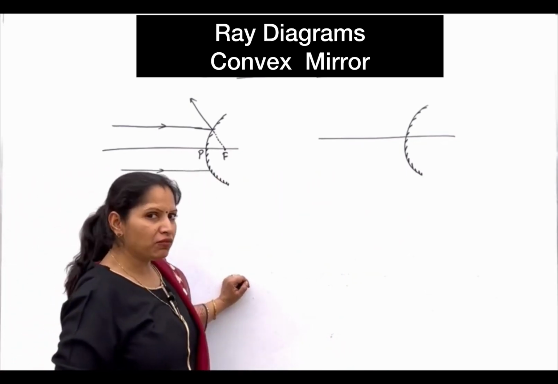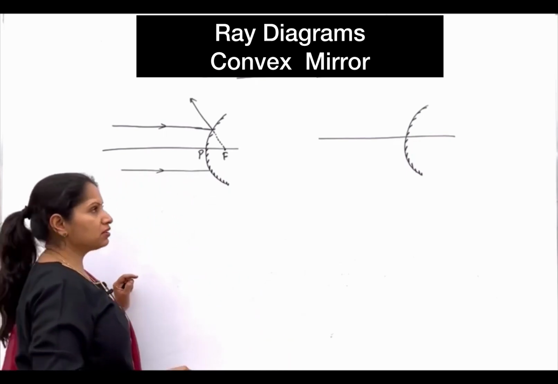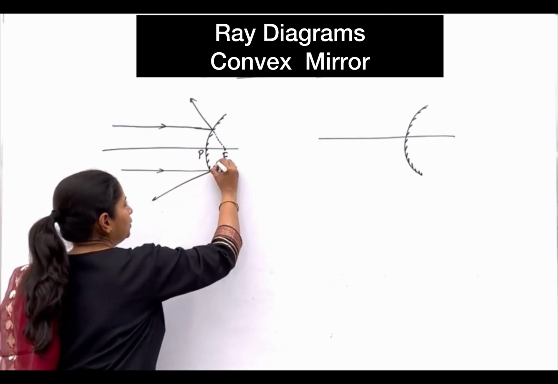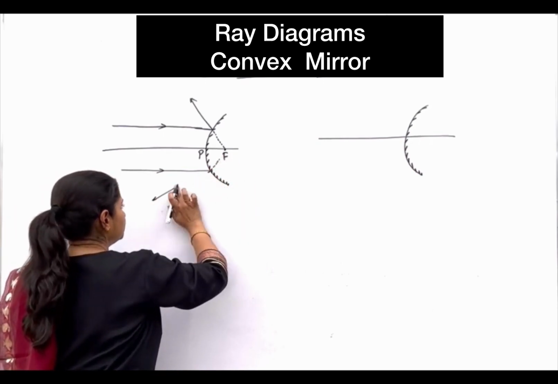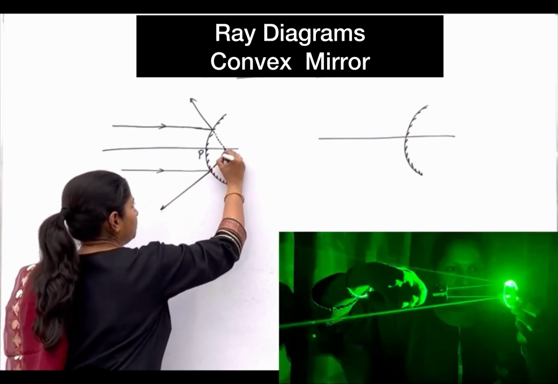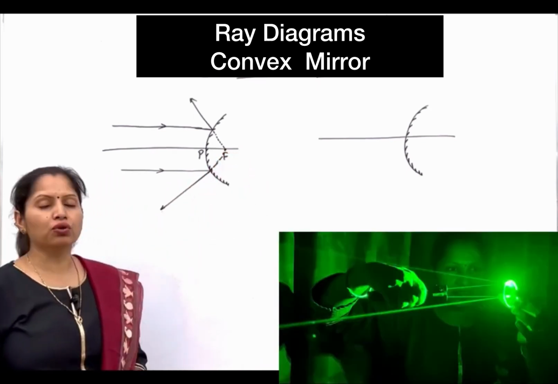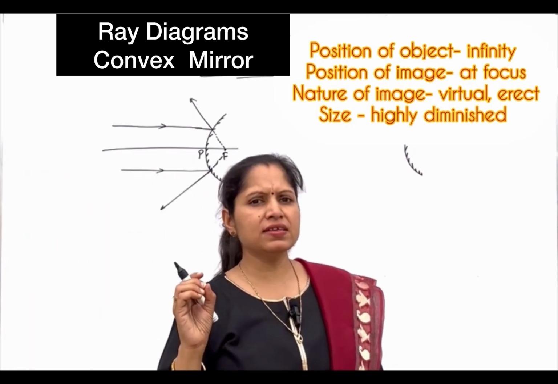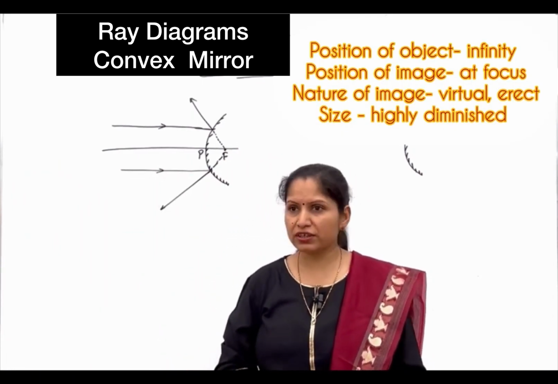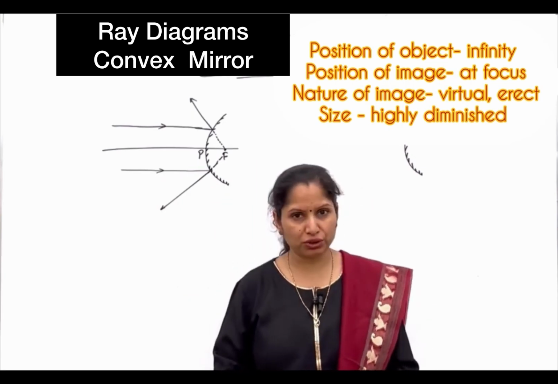Now when a parallel beam of light is coming on the convex mirror, it will diverge out and appear to be coming from the focus. So a very small, point-sized image of the object will be formed at the focus.